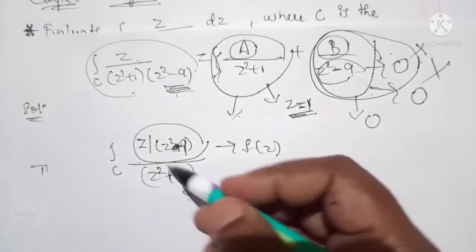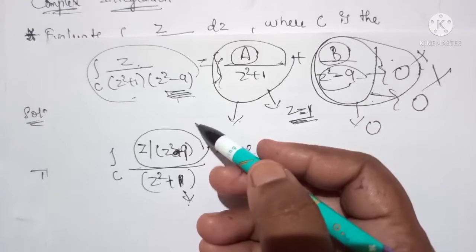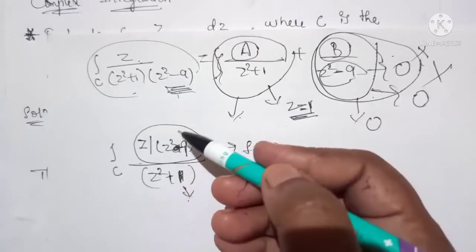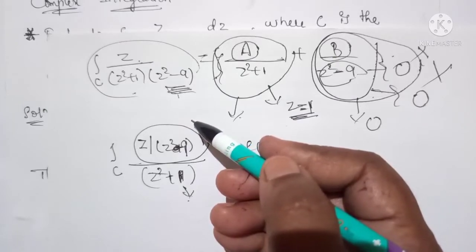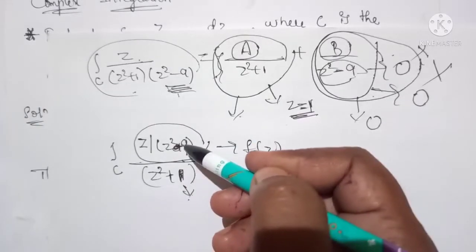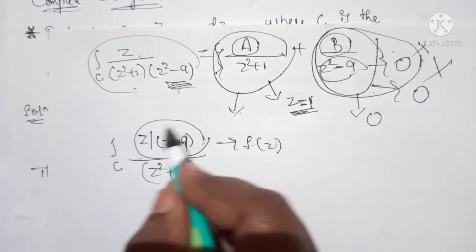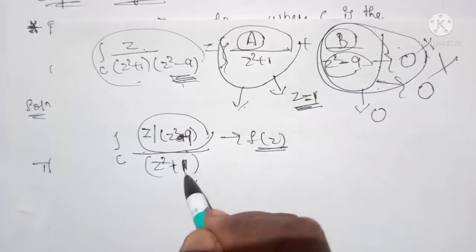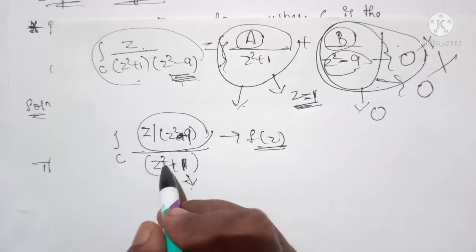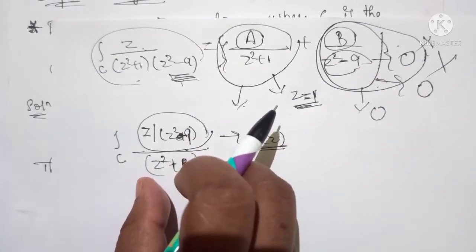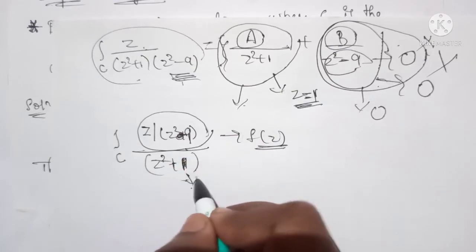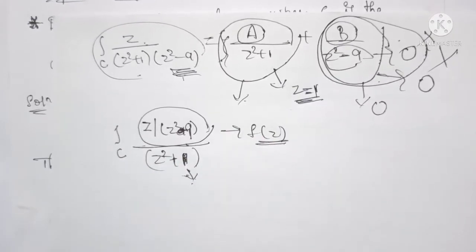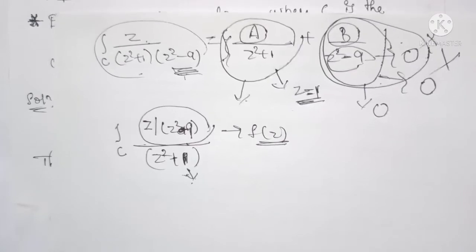At which point we are getting 0, that is the point of singularity lies outside the circle, that term we take to the numerator and treat as f of z, and the denominator we represent only by the term where the point of singularity lies inside the circle.